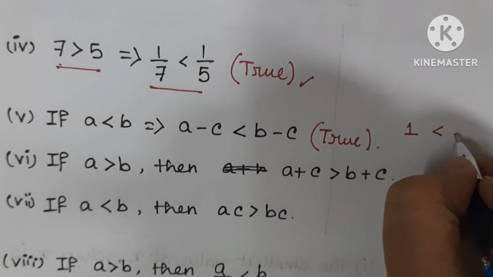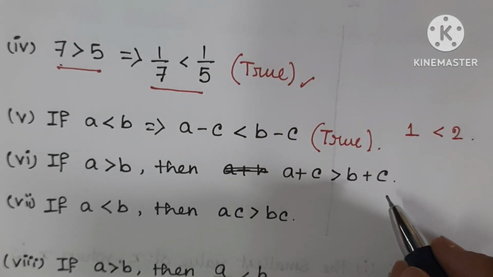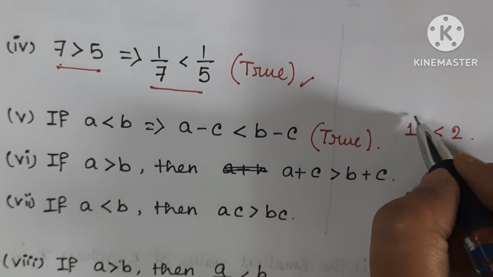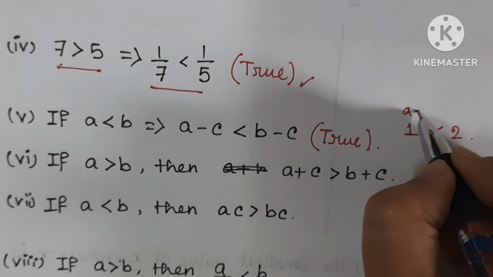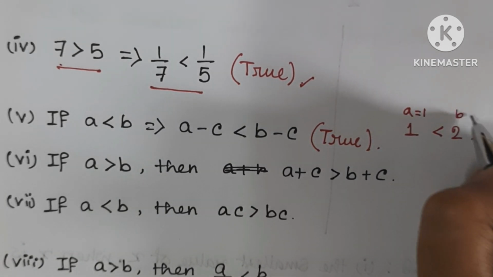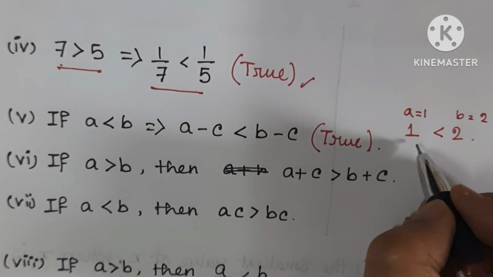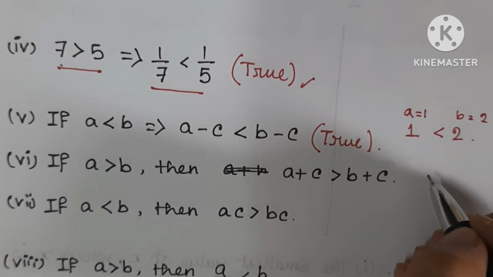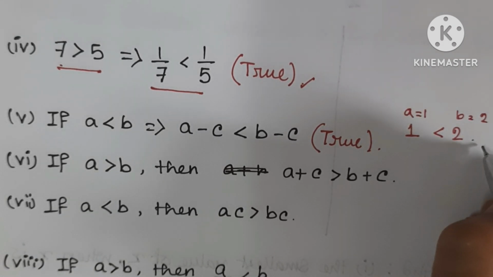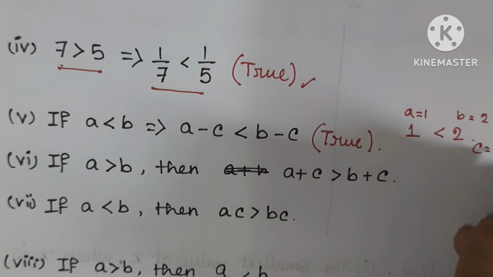Suppose a equal to 1 and b equal to 2. So a less than b, that is given. Now let c equal to 10.